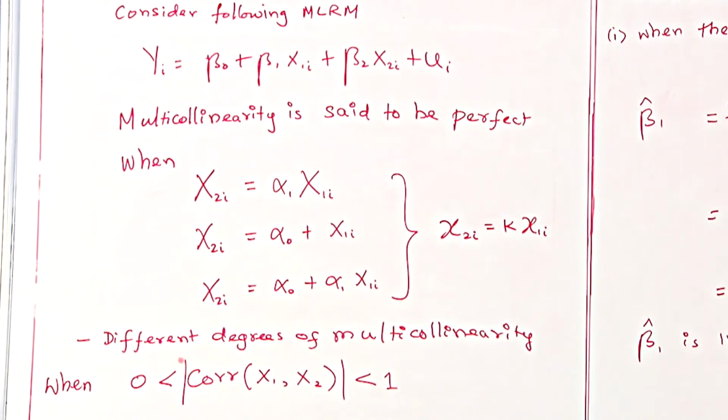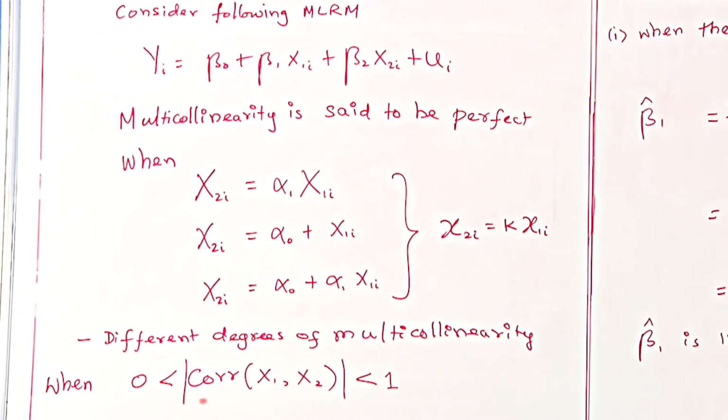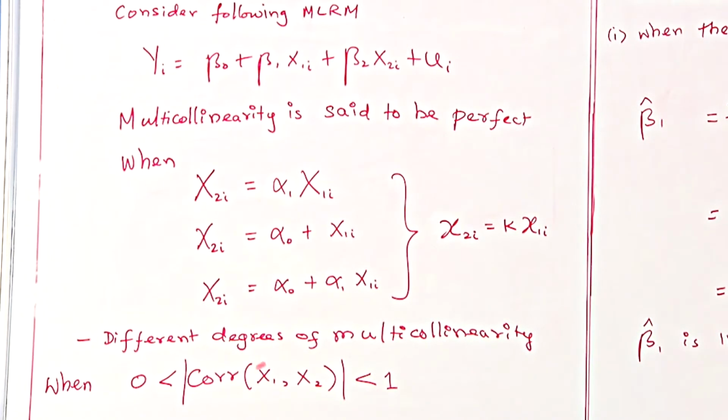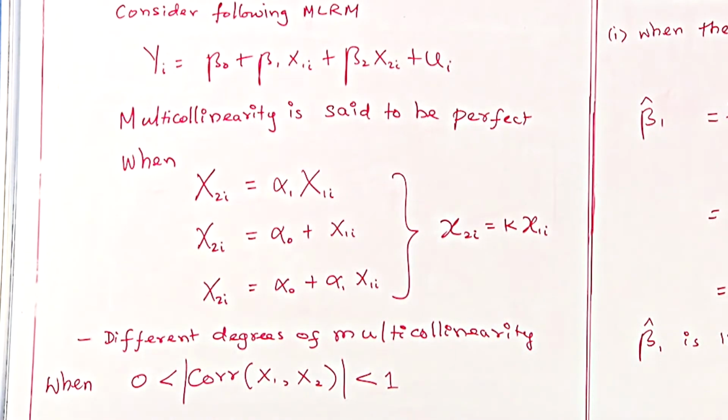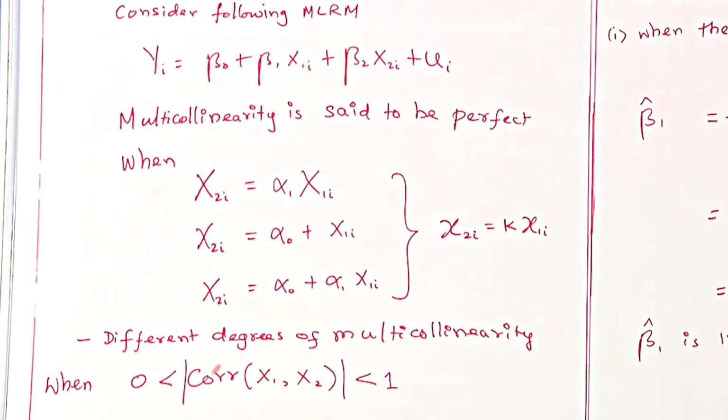Different degrees of multicollinearity may be defined as the correlation between x1 and x2 being between 0 and 1. So, in the case of complete multicollinearity, x2i is k times x1i, otherwise the correlation will be between 0 and 1. That will be depicted differently.